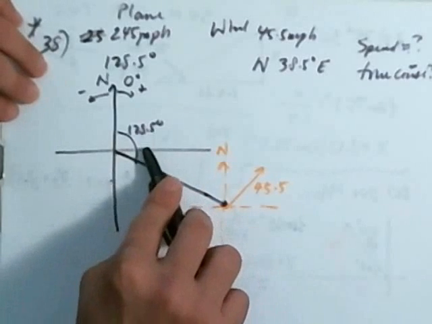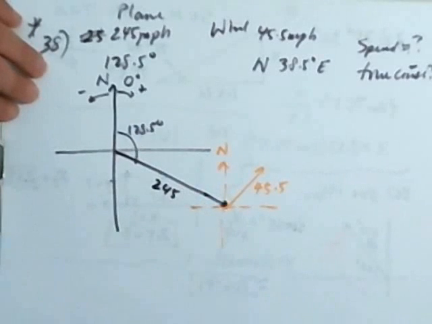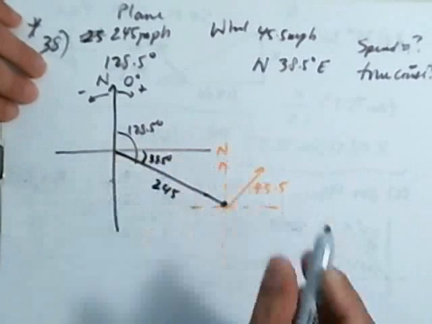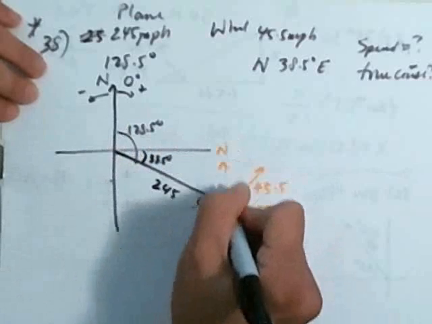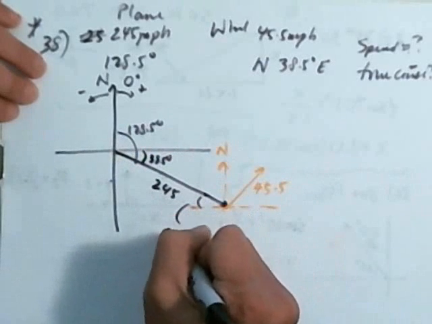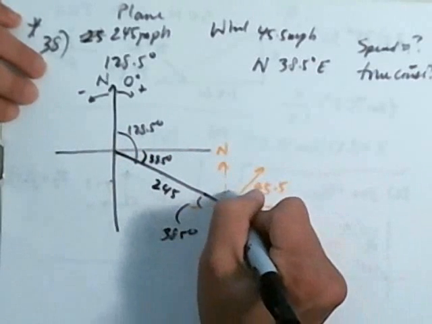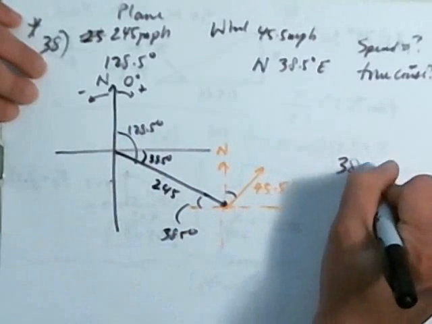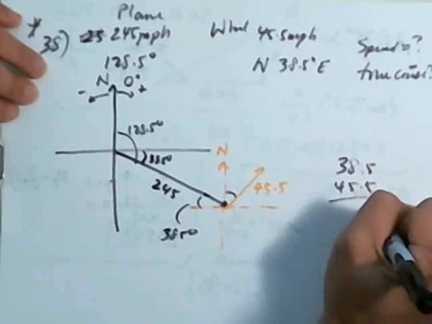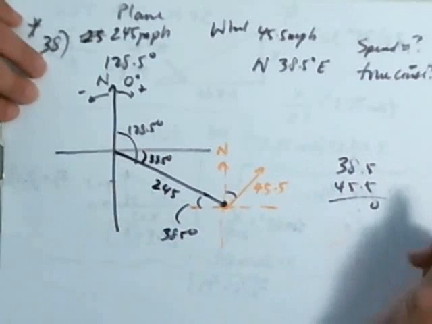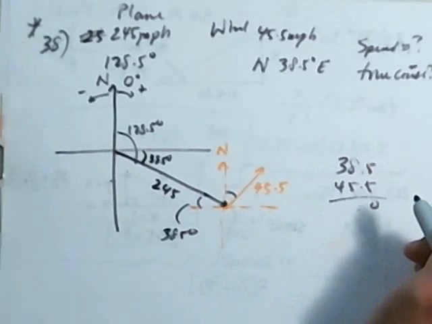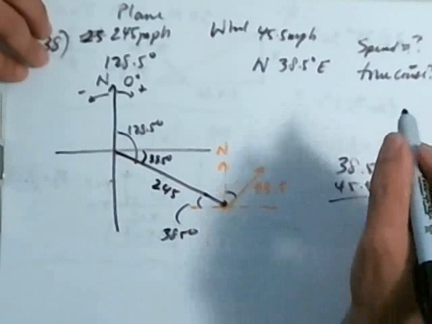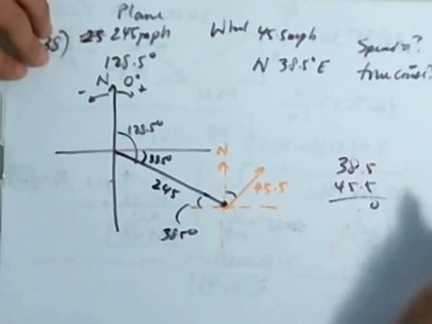So we look at this angle right over here. That's 90 minus that, which is going to be 38.5 degrees. We know that a parallel line cut by a transversal is going to give 38.5 degrees. We know that this is going to be 45.5. If you add 38.5 plus 45.5, that doesn't make sense.